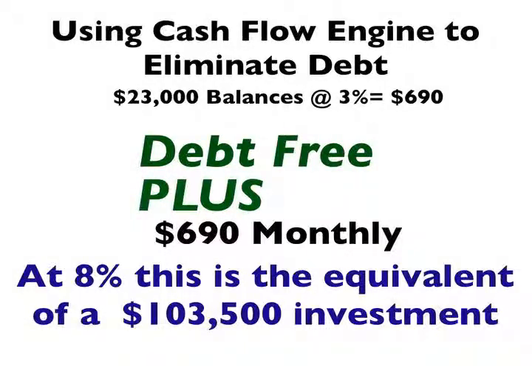So basically that little cash flow per month is worth $103,000 as an income-producing asset. So that's really quite a bit of cash flow. The next thing to do is to take that cash flow and to acquire income-producing assets.